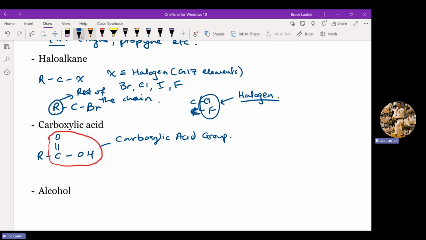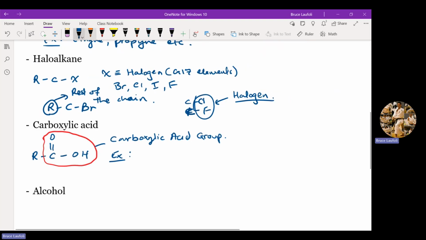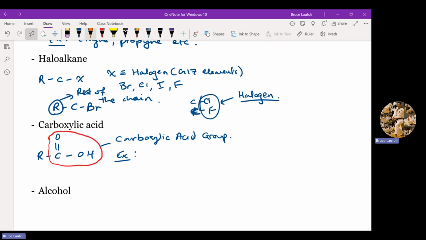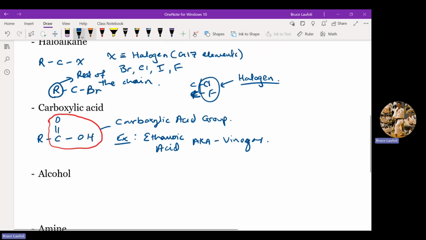Common examples of carboxylic acids are ethanoic acid. When you're thinking about ethanoic acid, it's commonly referred to as vinegar. So that's ethanoic acid, aka vinegar. Okay, that's a common example.